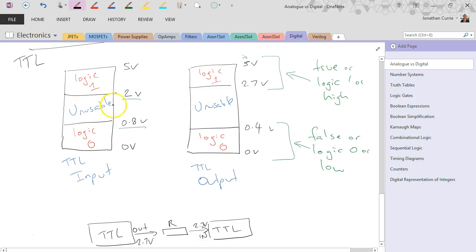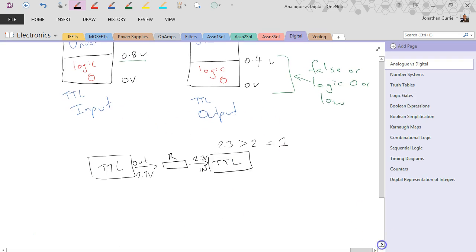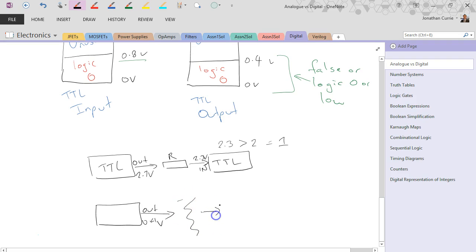But because the input is a little bit more relaxed, 2.3 is greater than 2, so it's equal to a logic 1. Alright, so we see there's a small difference there, and correspondingly there's a slightly larger range, just in case, in the sense that if we do output, let's say at 0.4 volts, and there's a whole lot of interference and noise in the line, so by the time it reaches the input device, it's actually gone up to 0.6 volts, alright, because we've got some noise on the signal.